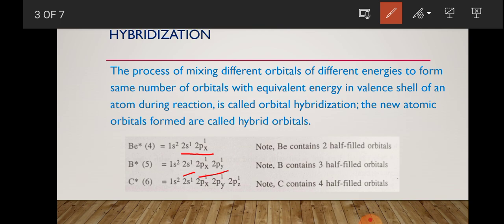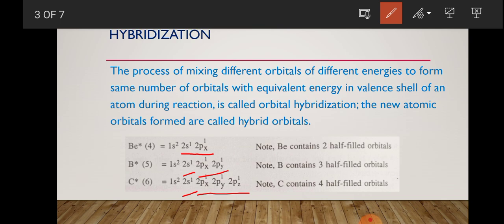And if you look at carbon atom, you see here one s orbital mixed with three p orbitals, px, py, and pz orbital, and after mixing, they produce total four hybrid orbitals, that is four sp3 hybrid orbitals, and their energy are same.